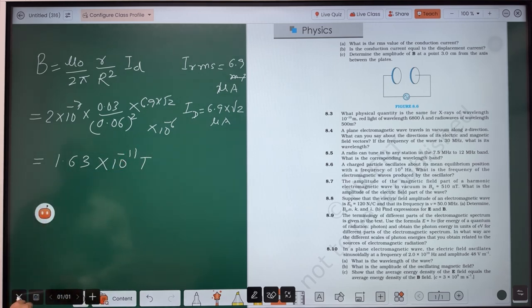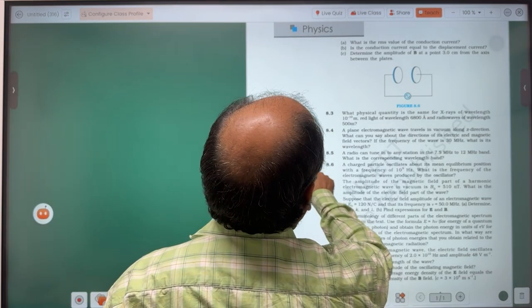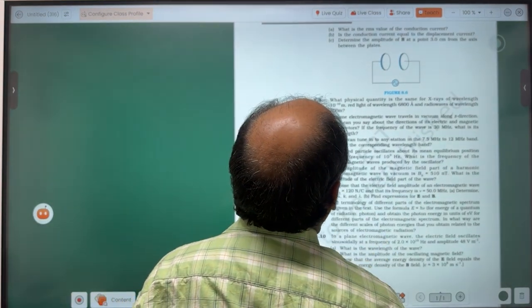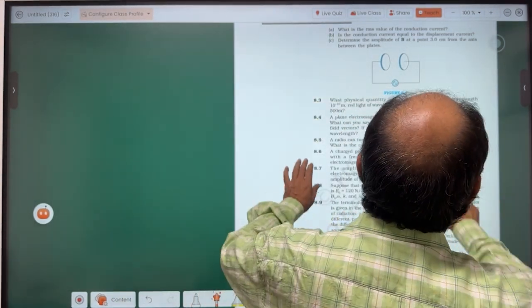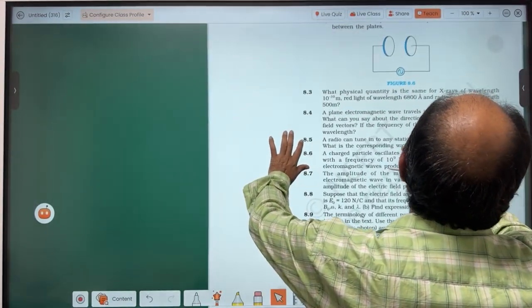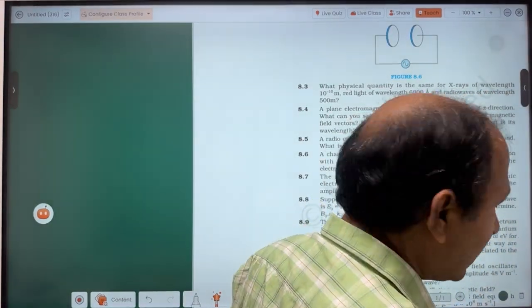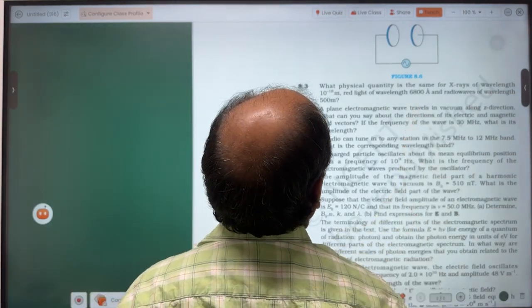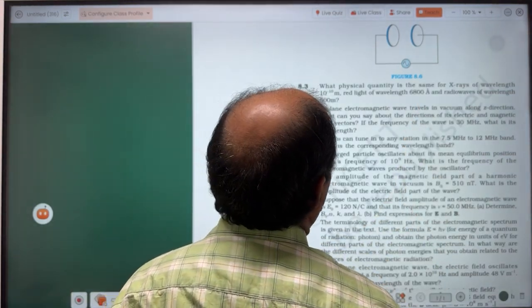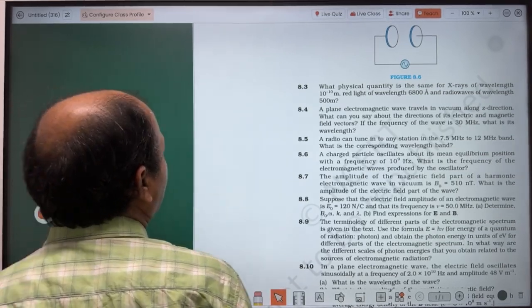Now, let's consider the next question. The question says, what physical quantity is the same for the X-rays of wavelength 10 power minus 10 meter, red light of wavelength 6800 angstrom, and radio waves of wavelength 500 nanometer?